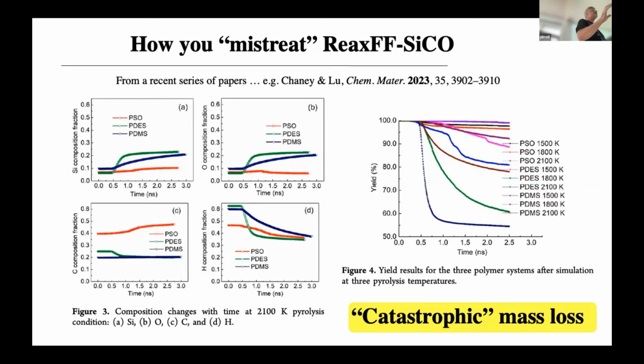You don't have this incredibly fast bond rearrangement. It's not there. So why the heck could they publish this? I do not know. Maybe folks are just not experienced. You see here even one book, a series of papers there with catastrophic mass loss.